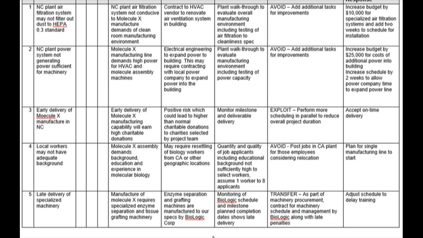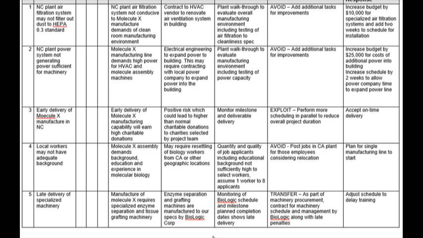In transfer, we are transferring the management of the risk to a third party. And so we're transferring the risk of late delivery of the Biologic machinery to the Biologic company because we're contracting with late penalties, putting the onus on Biologic to deliver on time.